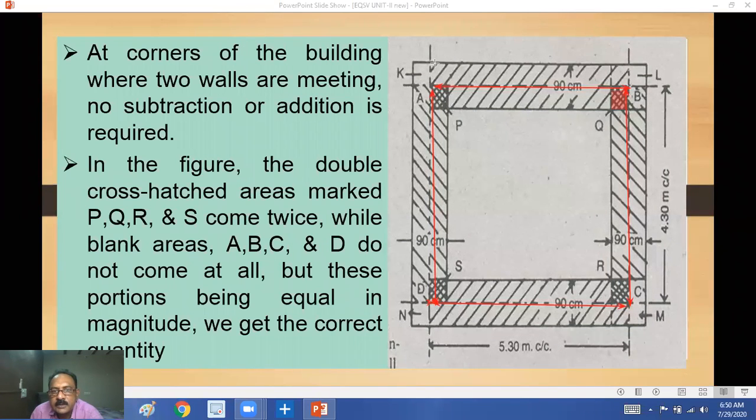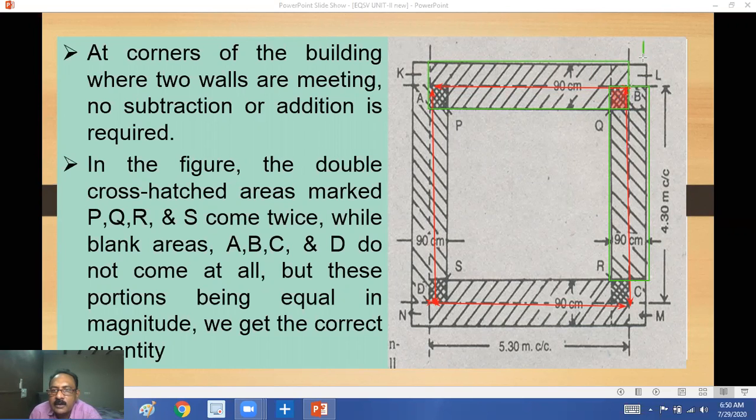First excavation is like this. First I excavated like this, right? Second one like this, right? What I marked is double, two times, whereas this is empty.